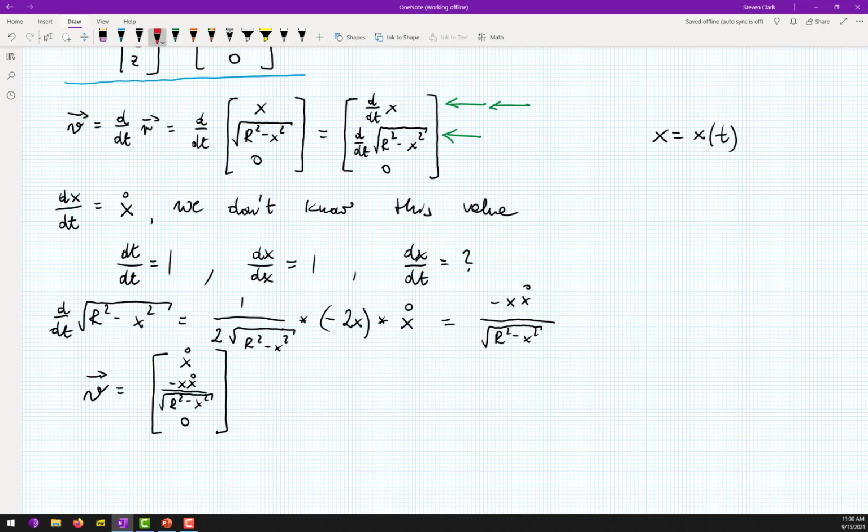We do not know what x dot is. This is the only unknown in our vector, because we know what x is, we know what r is. Once we have x dot, we know the velocity. We have the vector. Any idea? Maybe we can use something Lars said earlier.